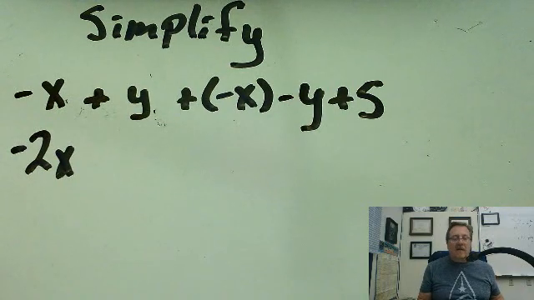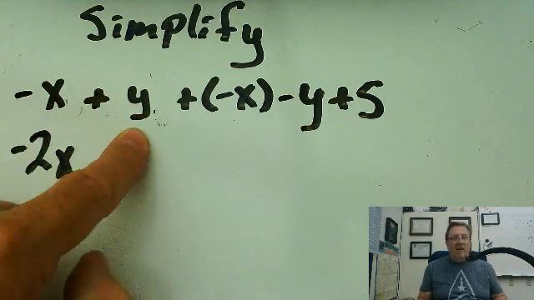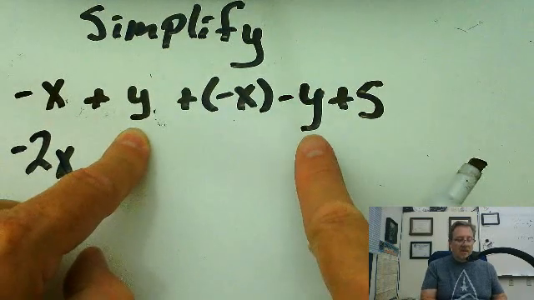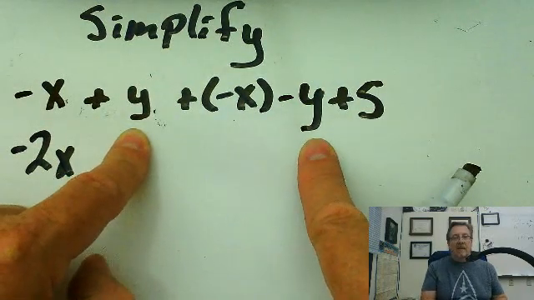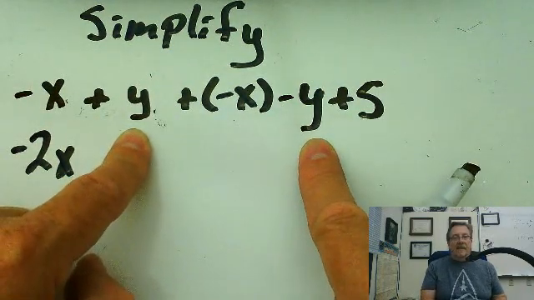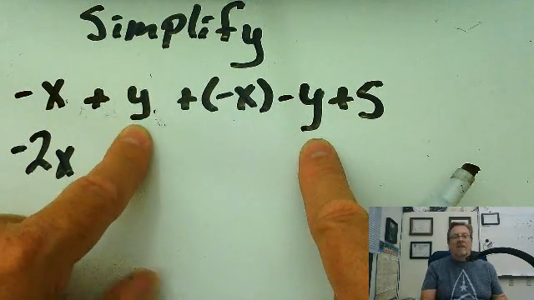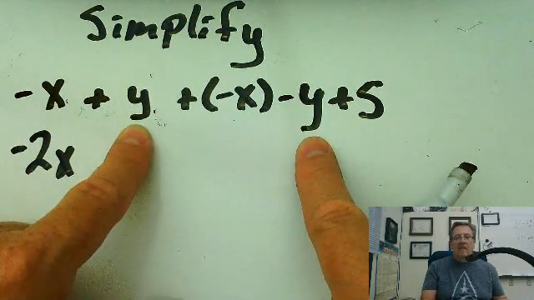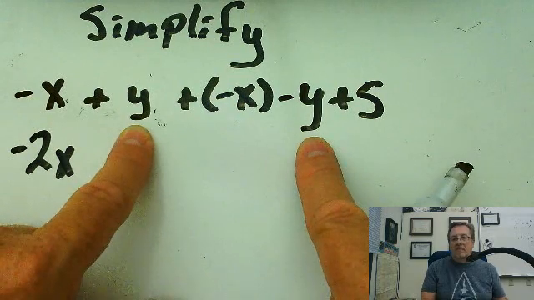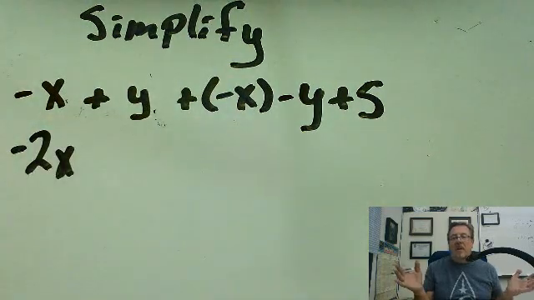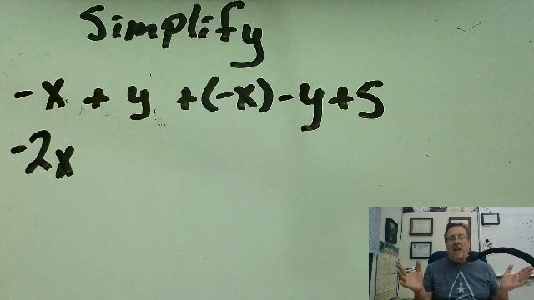Okay, well, let's go back and look at our problem. Here's a y, and here's a minus y. If you had a y, and somebody took it away, how many y's do you have? None. Those y's cancel.